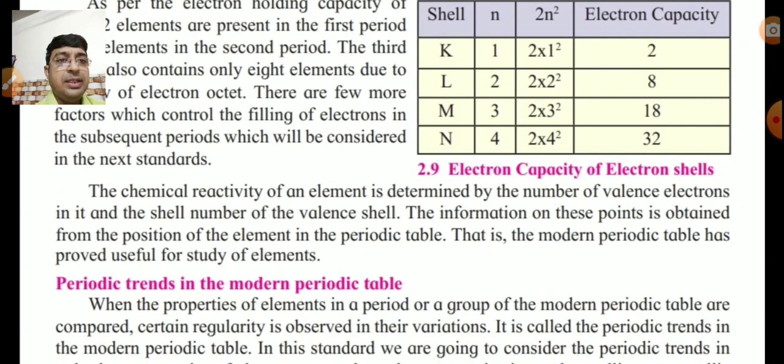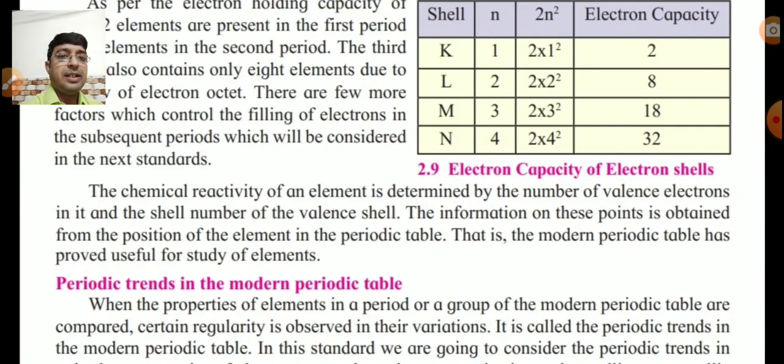The chemical reactivity of an element is determined by the number of valence electrons in it and the shell number of the valence shell. This information is obtained from the position of the element in the periodic table. That is, the modern periodic table has proved useful for the study of elements.